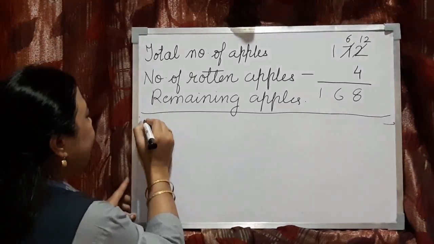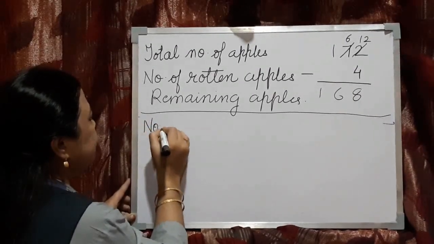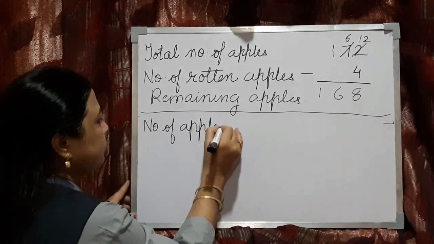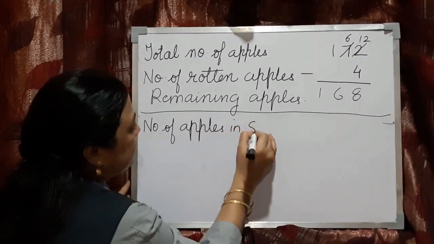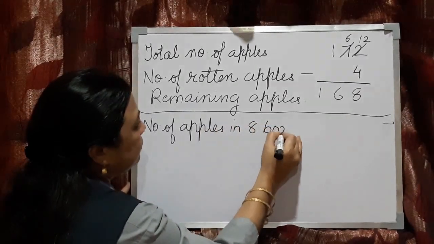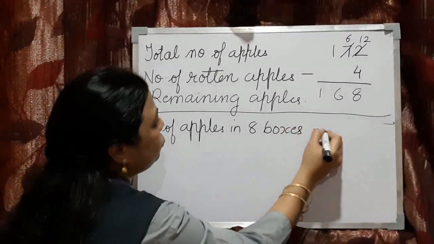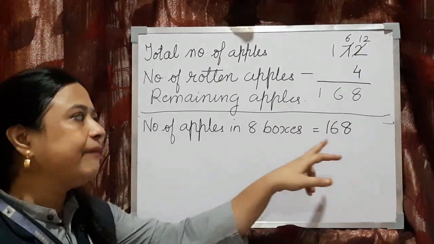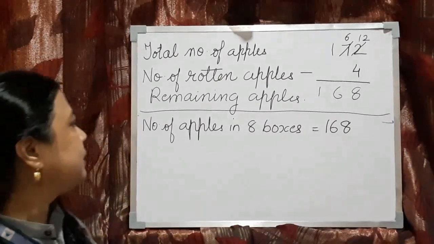Right? So here we will write down number of apples in 8 boxes is equal to 168. मतलब 8 box में 168 apples थे.